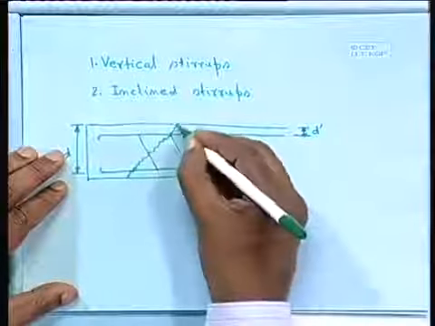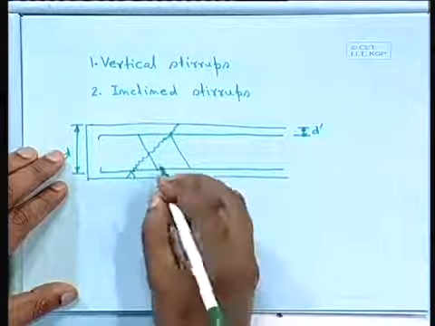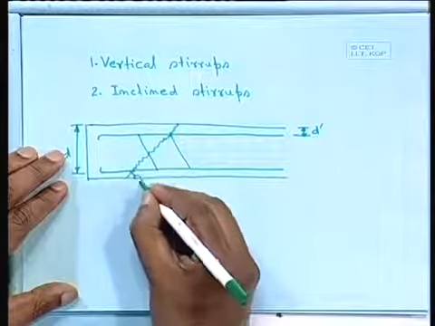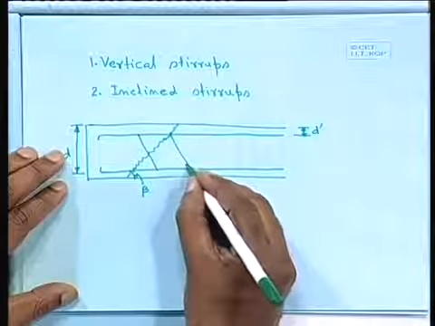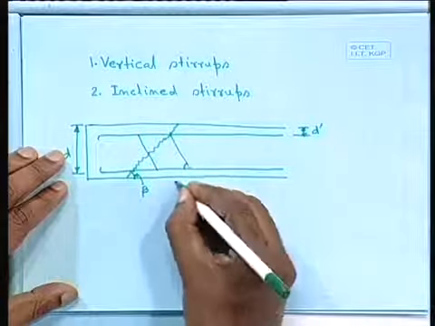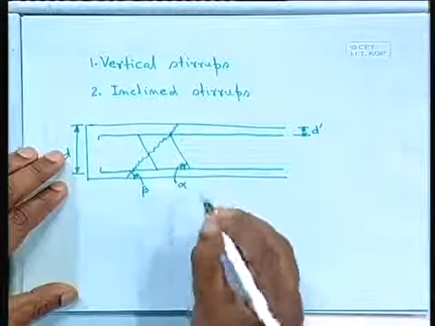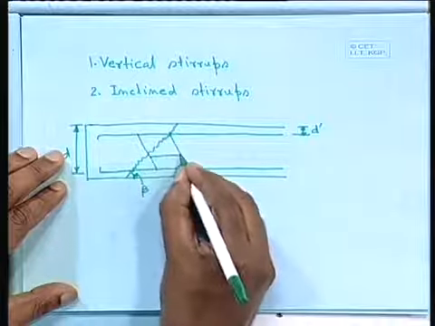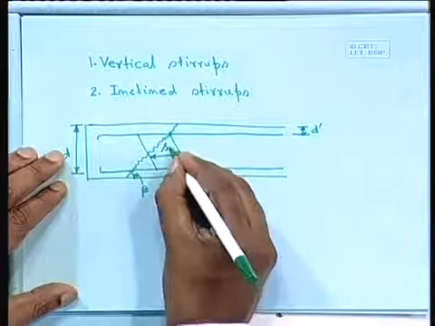So this is a crack, inclined one, say at an angle beta, and we are providing stirrups at an angle say alpha. This distance say SV.